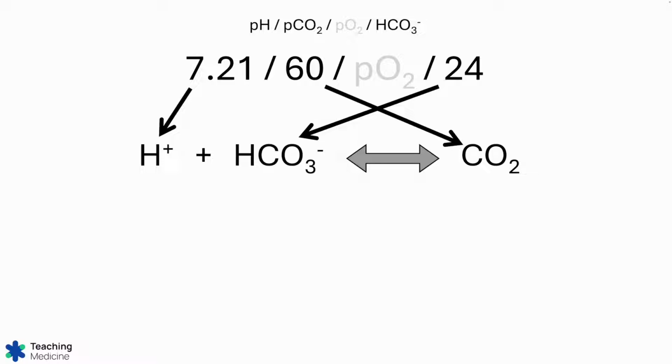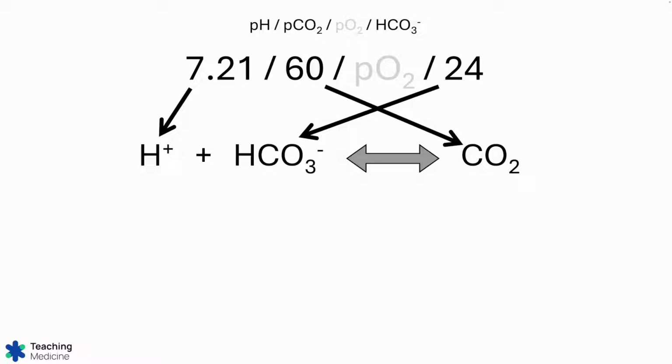The PCO2 shows up in the second position when we write out an ABG, but it's at the far right of the equation. And the bicarb is at the end of the way we write an ABG, but it's in the middle of the equation. So I just wanted to point this out so that it didn't cause confusion for anybody.